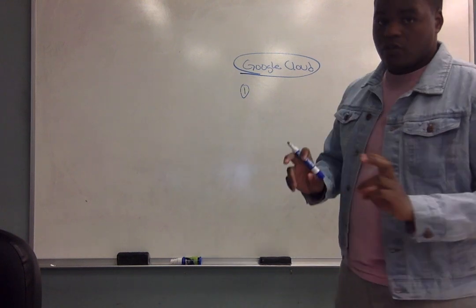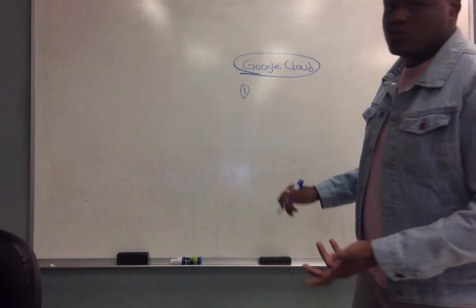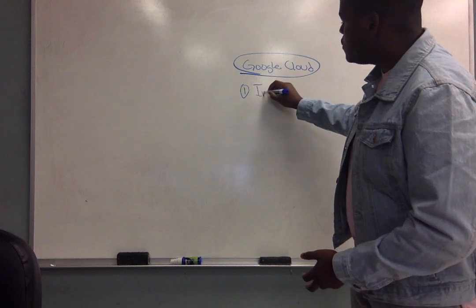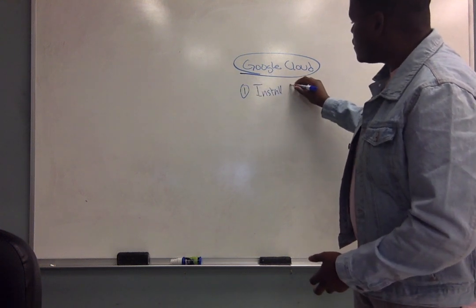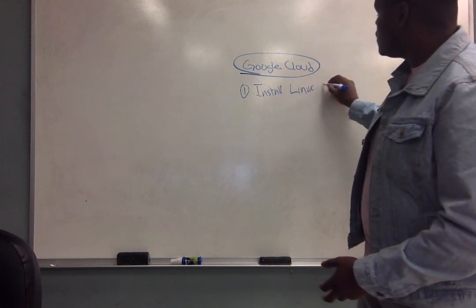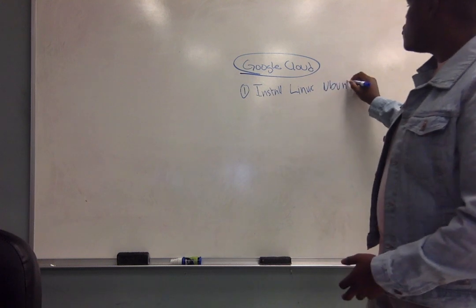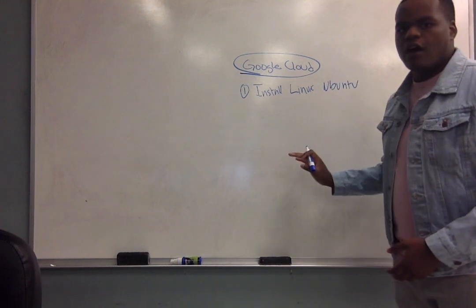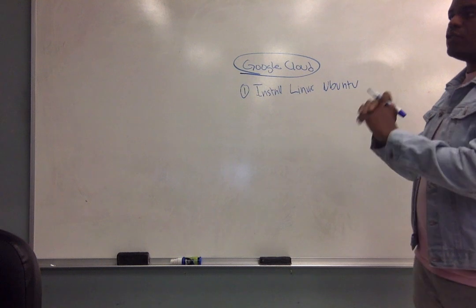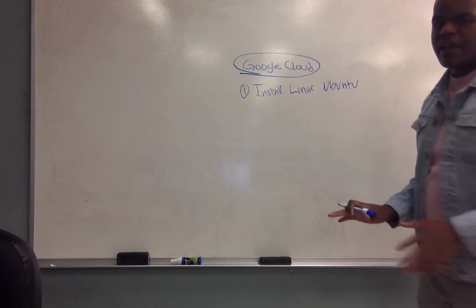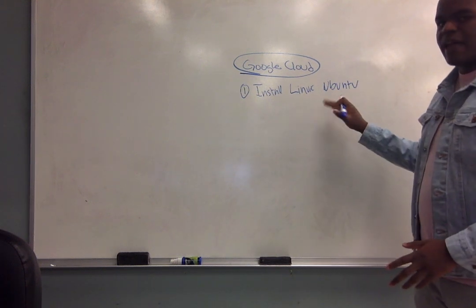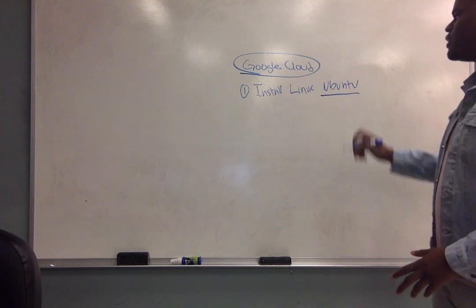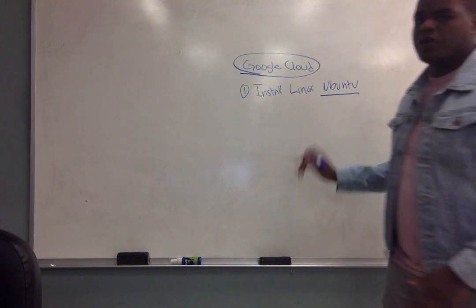The flavor of Linux that we're going to be using for this is Ubuntu. Ubuntu is just a Linux distribution. There are all these different Linux distributions, and for learning, Ubuntu is definitely the easiest one. But that's the first thing we'll do.